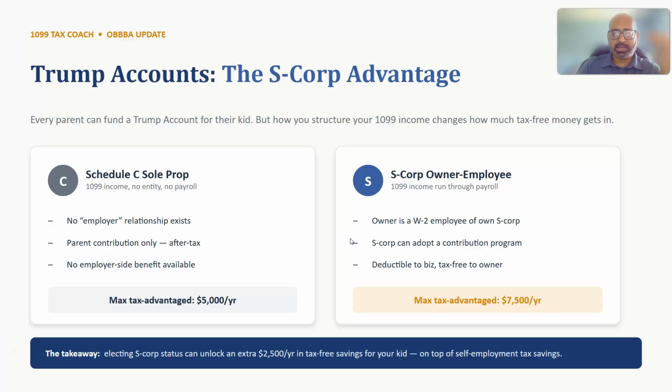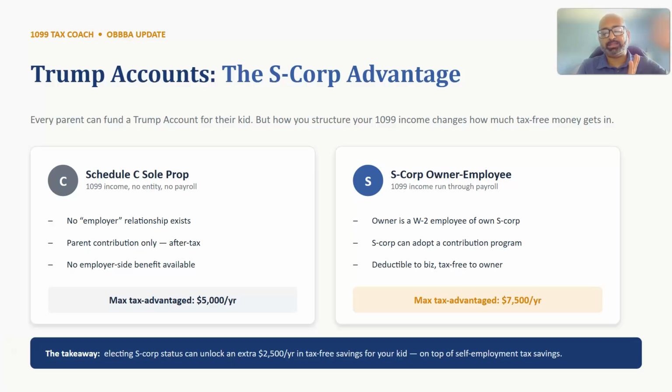Now, at the end, let's take a look at the way 1099 workers who are taxed as either an S corporation or C corporation and are the only employee of that corporation can really take advantage and supercharge their Trump account.